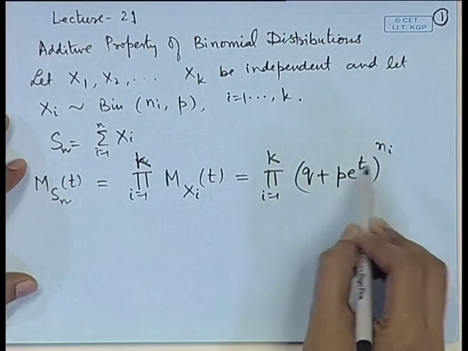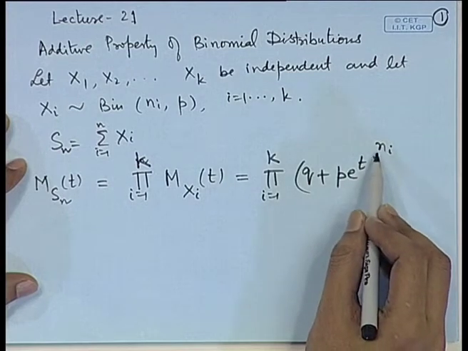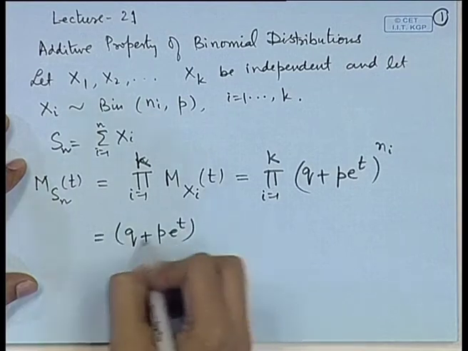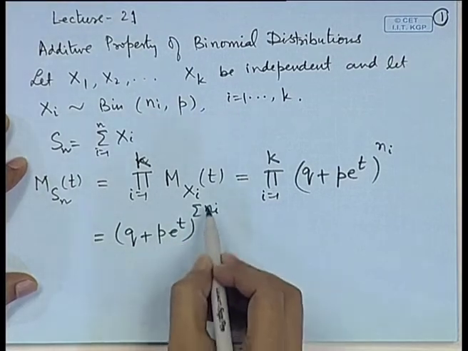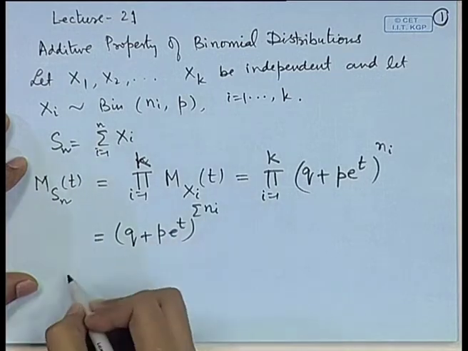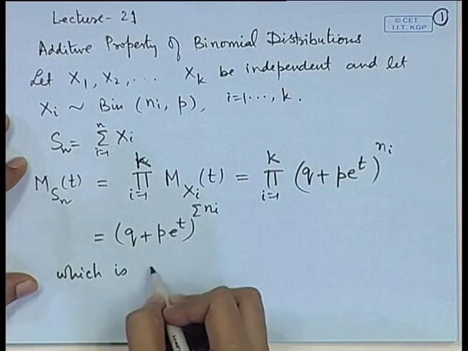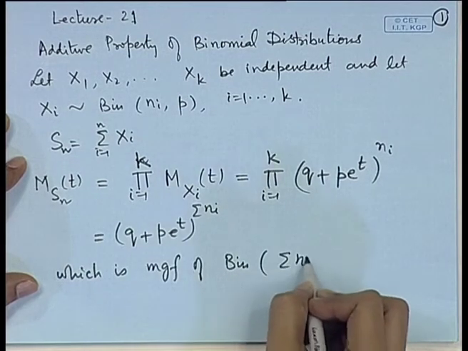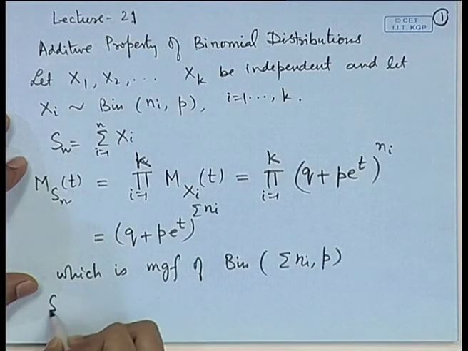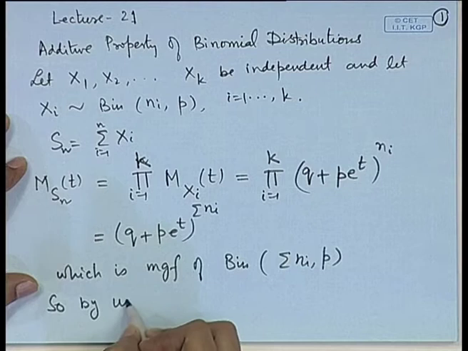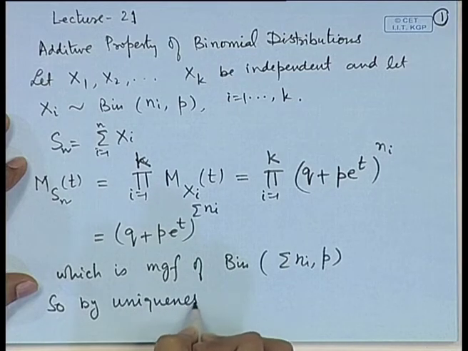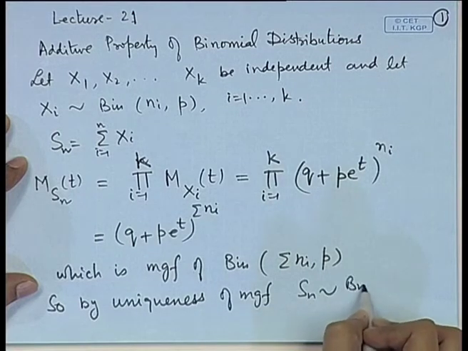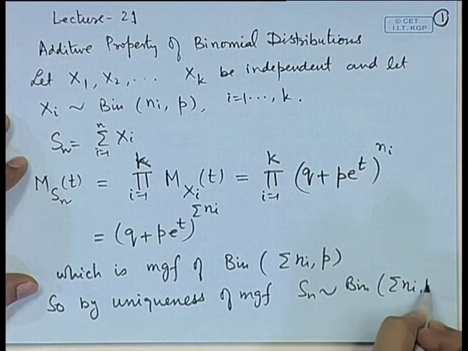Now, since the term is the same, the powers will be added up and it becomes (q plus p e to the power t) to the power sigma ni, which is the MGF of a binomial(sigma ni, p) distribution. So, by the uniqueness property of the MGF, Sn must follow the binomial(sigma ni, p) distribution.